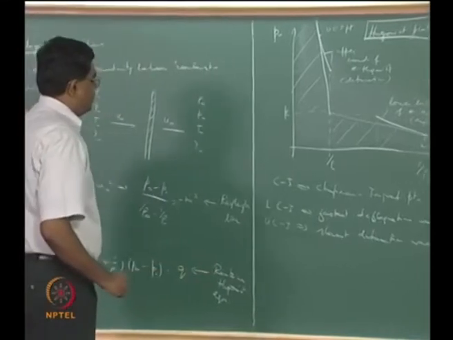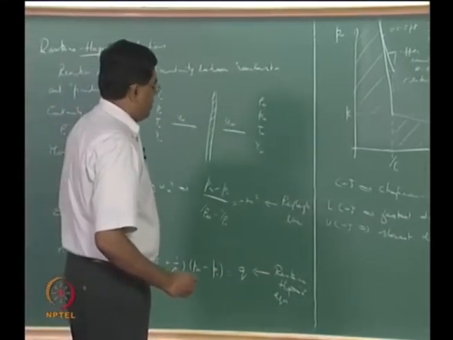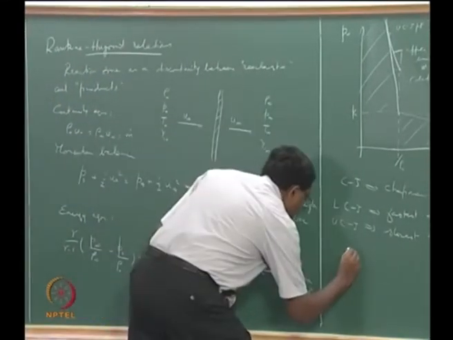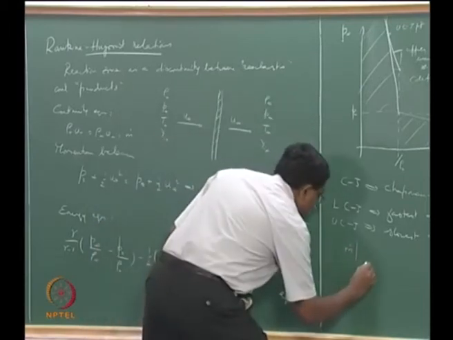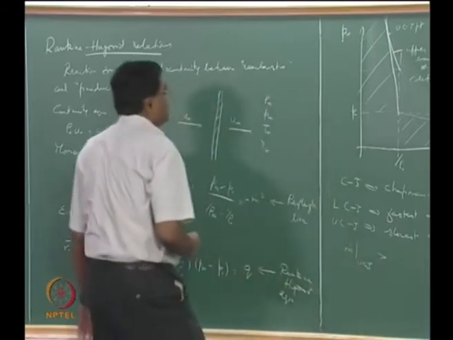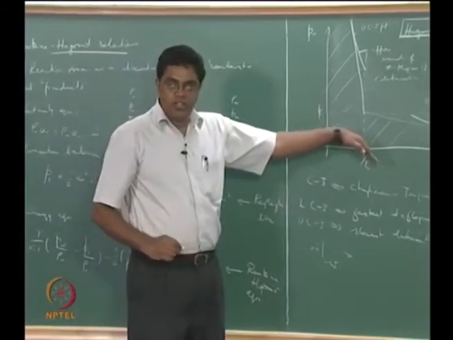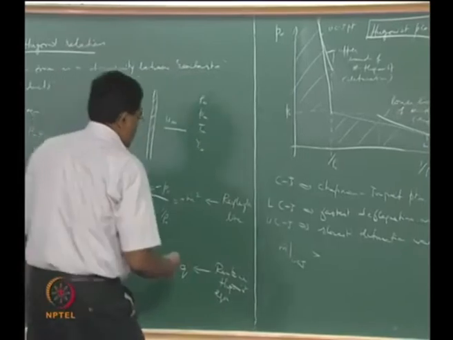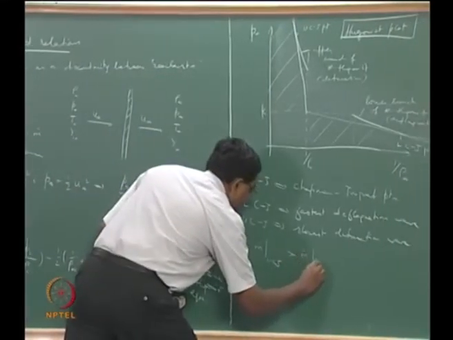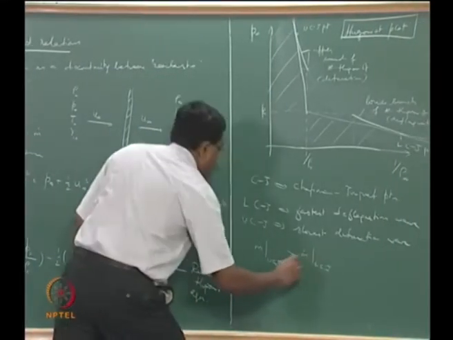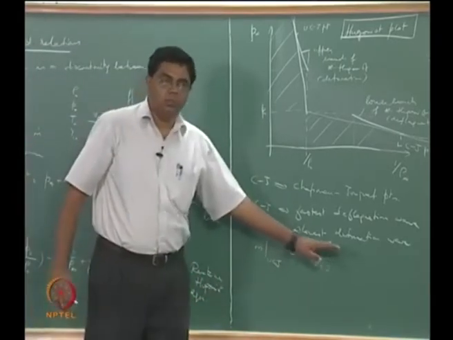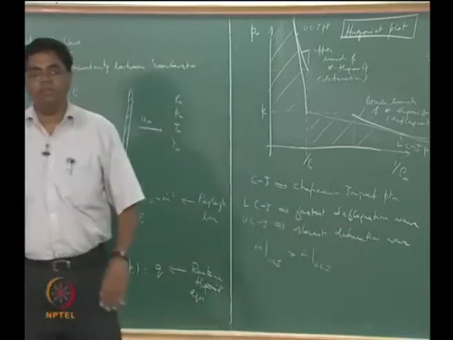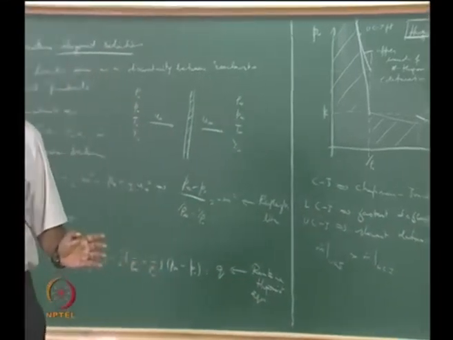Right, and the m dot UCJ is still significantly greater than m dot LCJ. That means the slowest detonation wave is still much faster than the fastest deflagration wave.